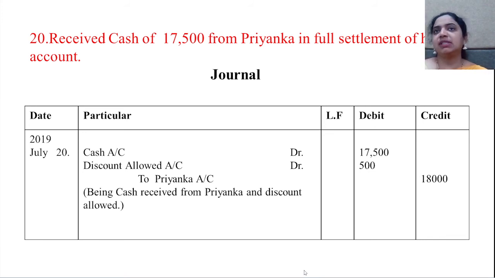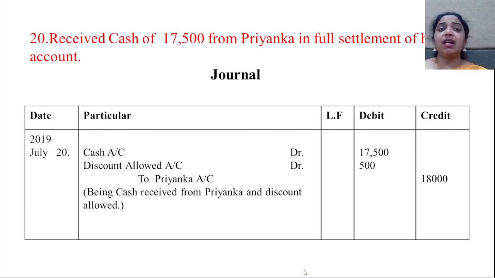You remove 10% TD: 20,000, 10% is 2,000. You subtract that, and your answer is 18,000. That means you sold goods to Priyanka for 18,000. Now, what is this transaction? It is said that you have received from Priyanka. Actually, Priyanka should give you how much? 18,000.